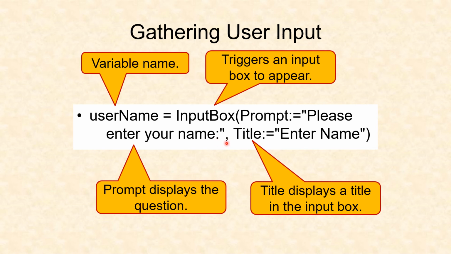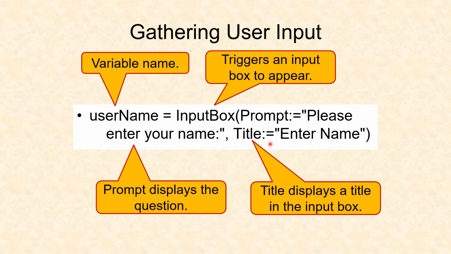So a second parameter you can add is the title. Now, if you say title, again, notice there's a colon and an equals. I'm going to say enter name. You know that when a window opens, on Windows or on Mac, in any platform, there's normally a title in the box to reinforce what that box is doing.